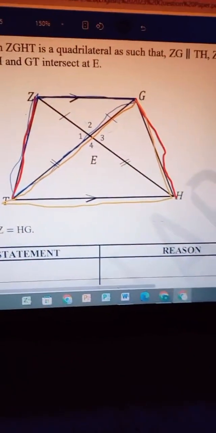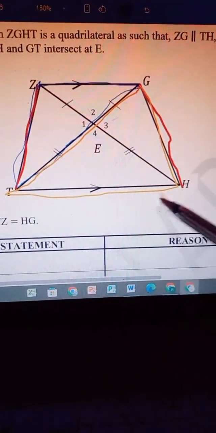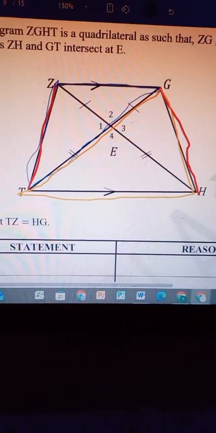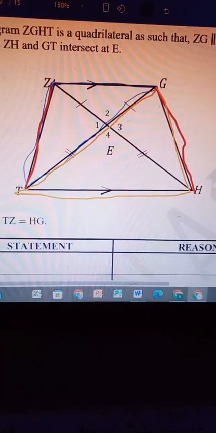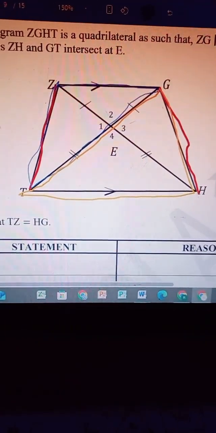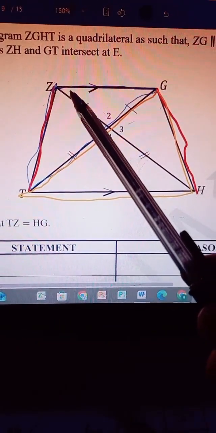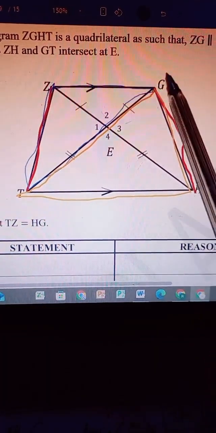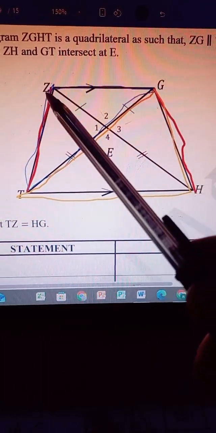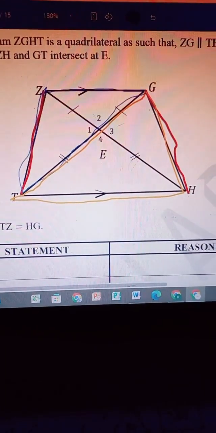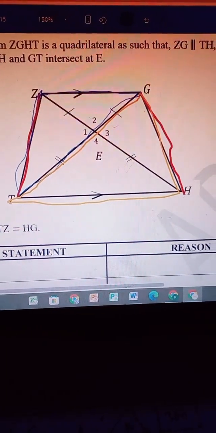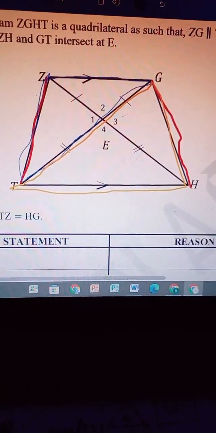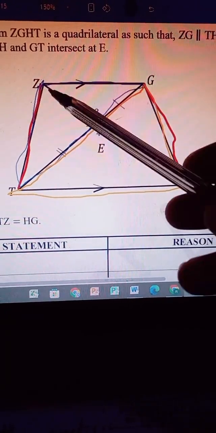Now, let's go back to the diagram. These two lines are parallel to each other. If those two lines are parallel to each other, this angle GZH is equal to ZHT.